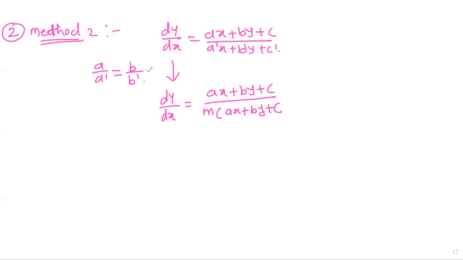So these two ratios are in multiples of m. Okay, so your equation reduces to which form? You can take m common from ax plus by plus c dash as it is.